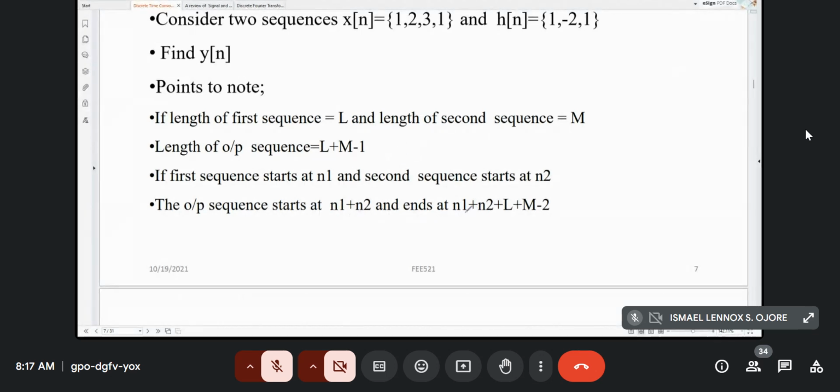If one sequence starts at 0 and another at 0, then the end will be 0 plus 0 plus 4 plus 3, that is 7, minus 2.